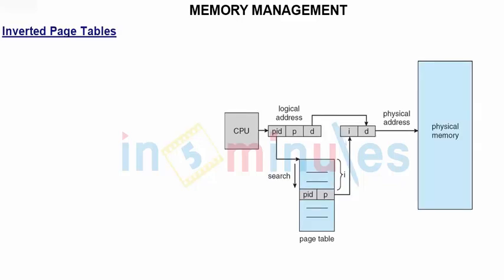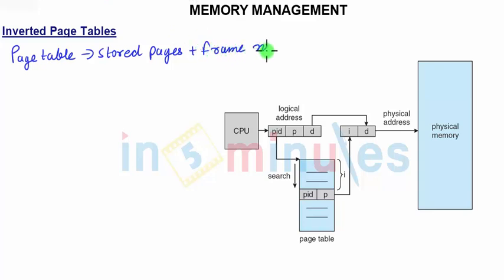Another common technique is using inverted page table. Inverted page table, as the name suggests, works in the reverse way. Earlier, in page table, we would keep stored pages, frame numbers, and offset.